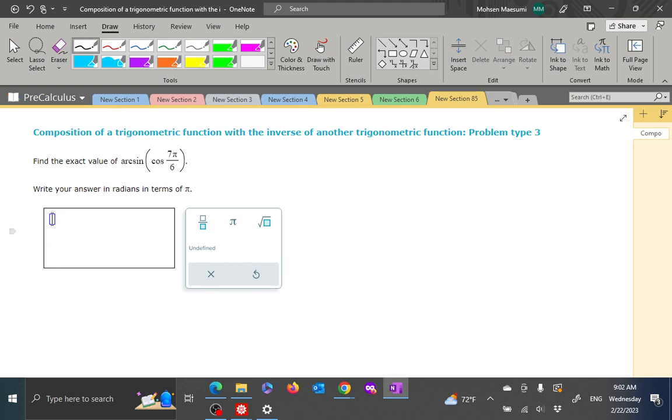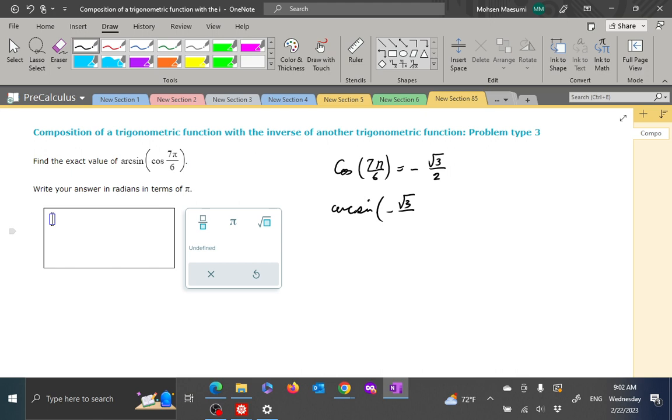So again, here is one style of going through this thing. You can say, well, without using any pictures, 7 pi over 6, we look it up, and the cosine is going to be minus radical 3 over 2. And then we are asking what is the arcsine of that number.